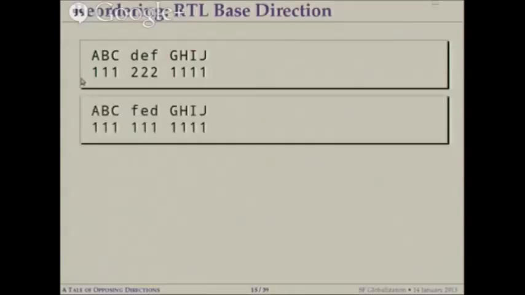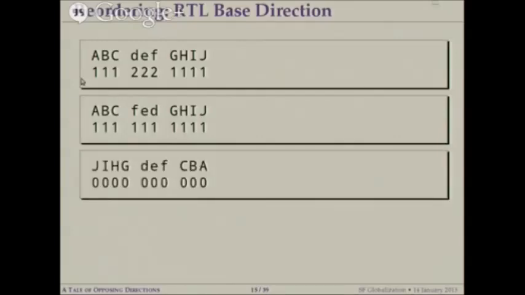And now that we've got our numbers all sorted, we flip the level run, which is the DEF, it becomes FED. And now we've got a whole bunch of ones, and all of those get reordered, just the entire thing gets flipped. So now the right to left text goes right to left, the left to right text goes left to right, and the overall order of those segments goes from right to left because that's the base direction of the paragraph.